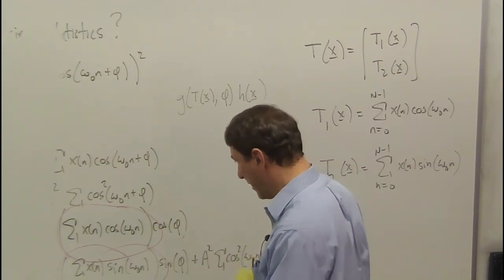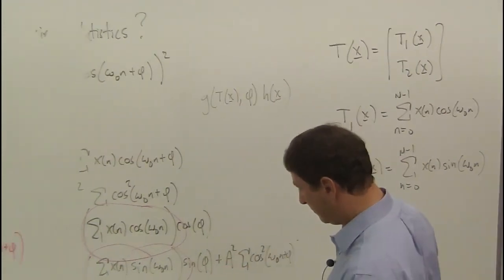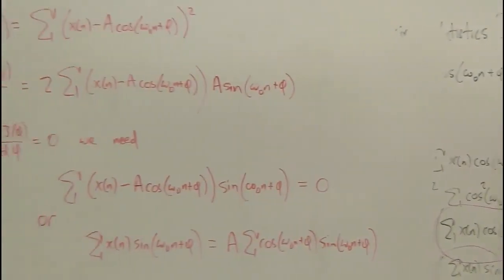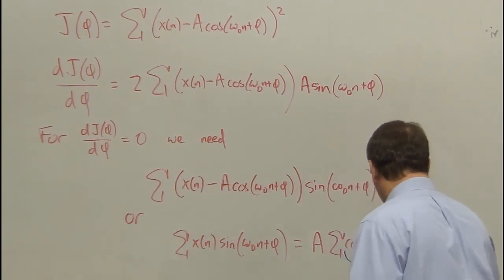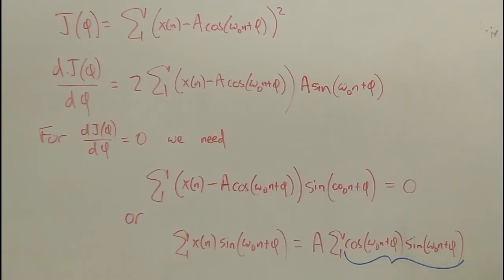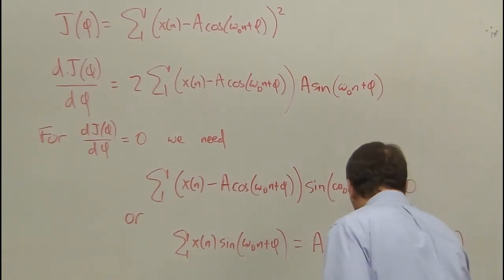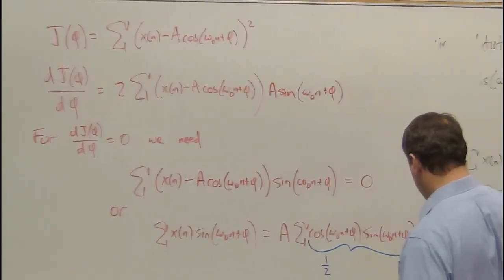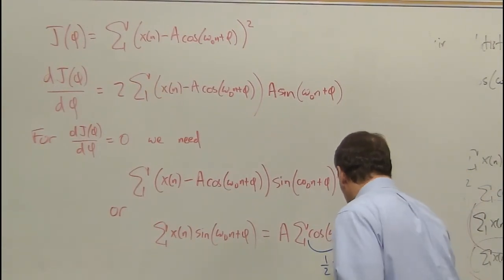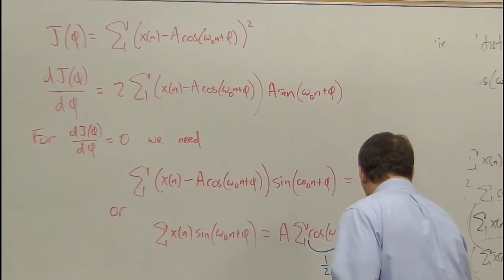Okay, and this expression here is the same thing as 1/2 of the sine of twice omega 0 n plus twice phi.